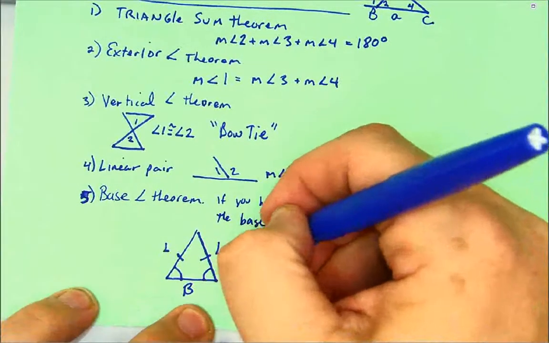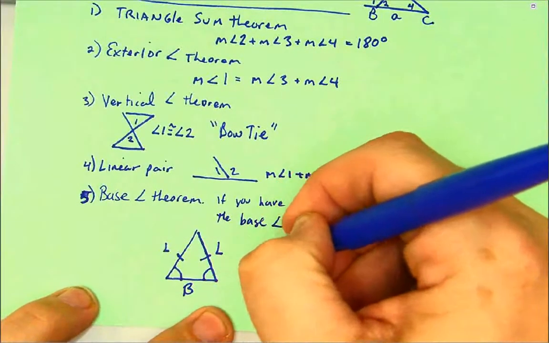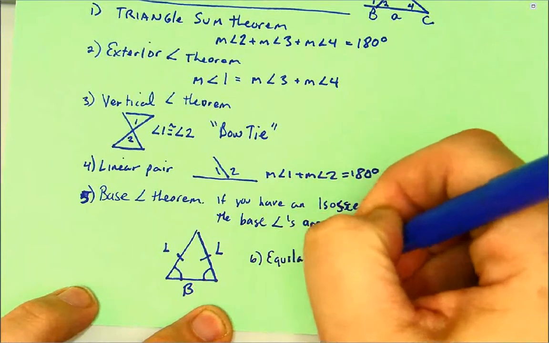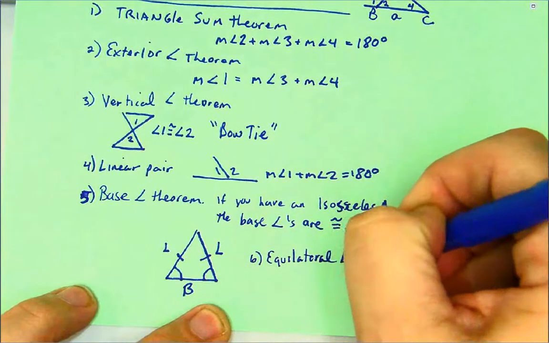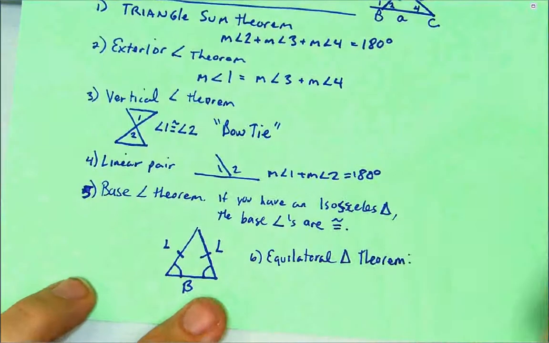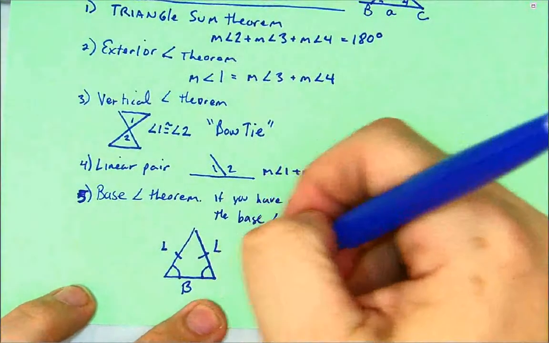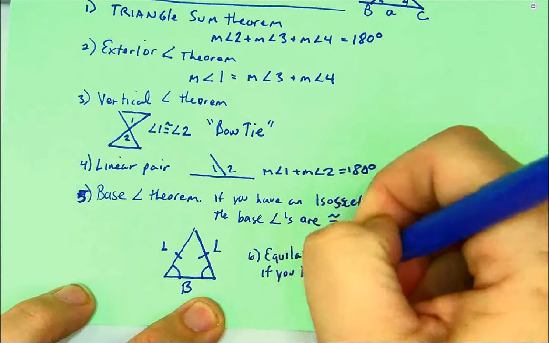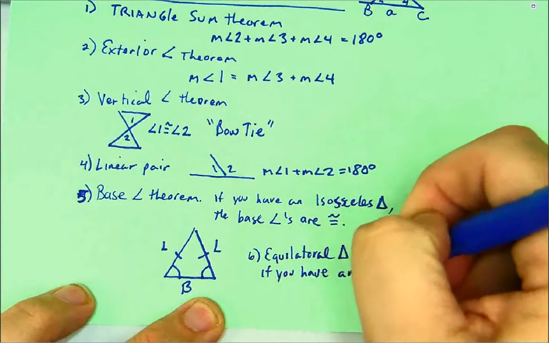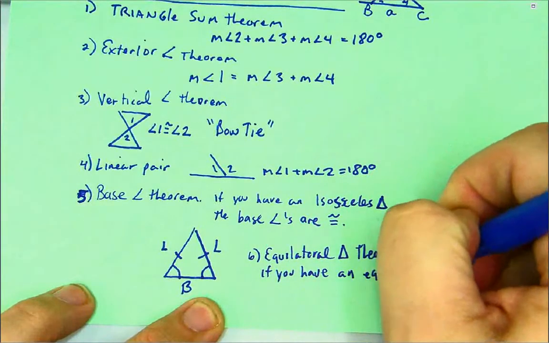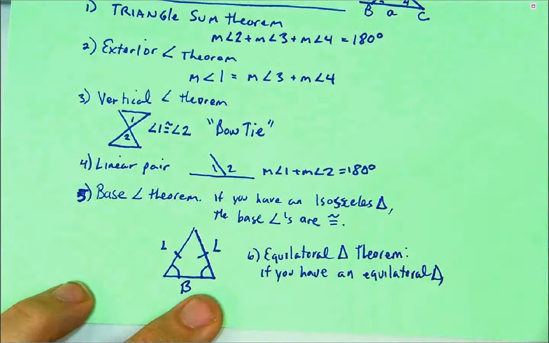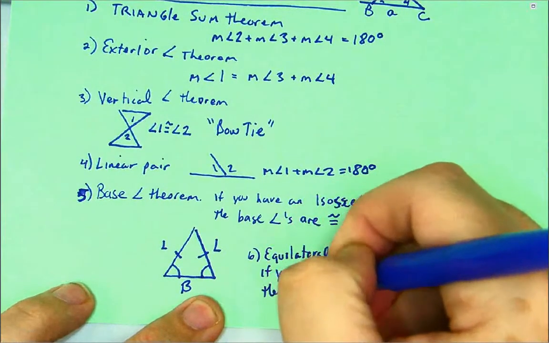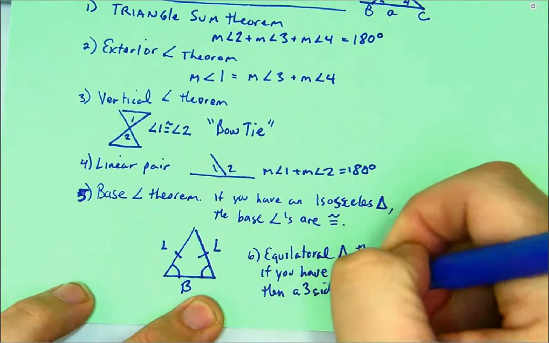And I guess 6 we could call it. Equilateral triangle theorem. If you have an equilateral triangle, then all 3 sides are congruent.